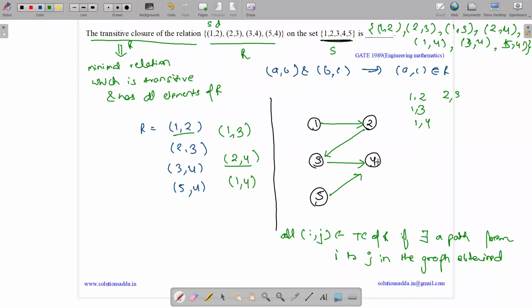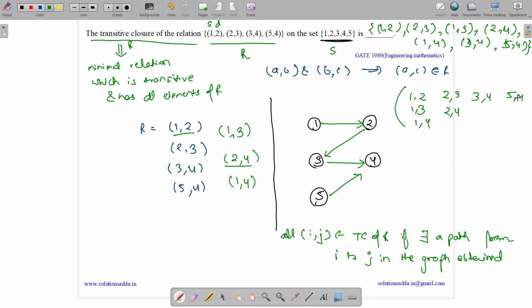There is a path through 3. 2 to 5, no. We can't come to 5. 3 to 4, yes. There is a direct path. 3 to 5, no. 4 to 5, no. 5 to 4, yes. There is a path from 5 to 4.